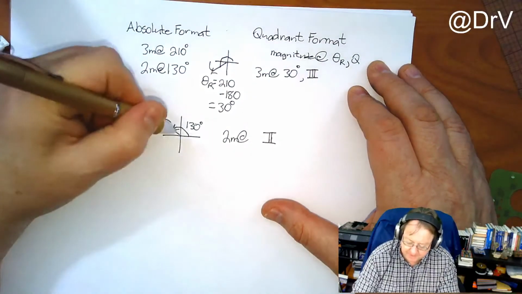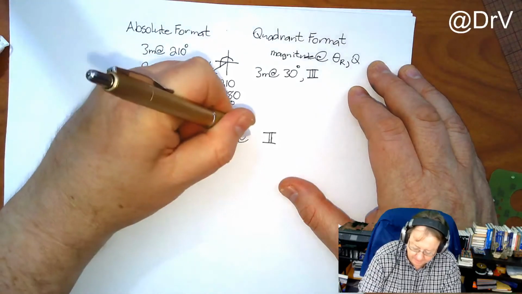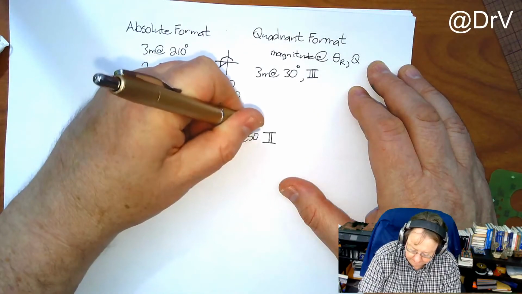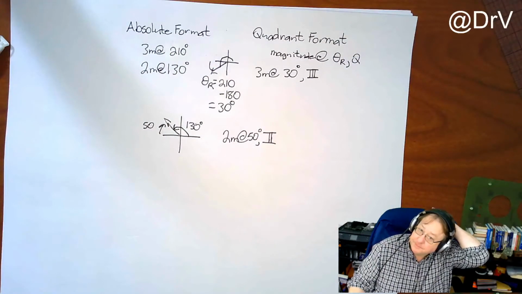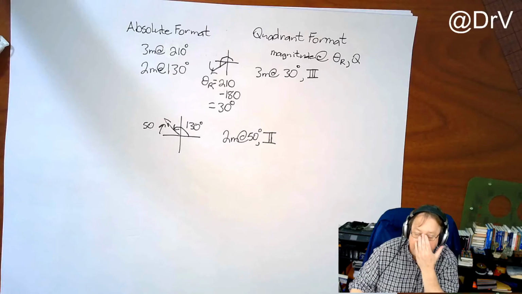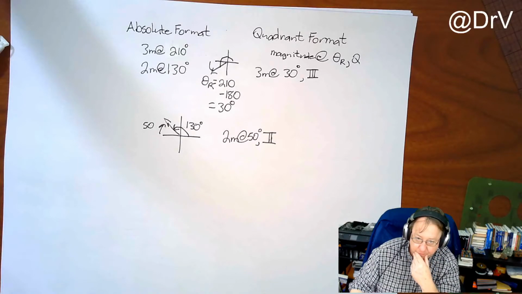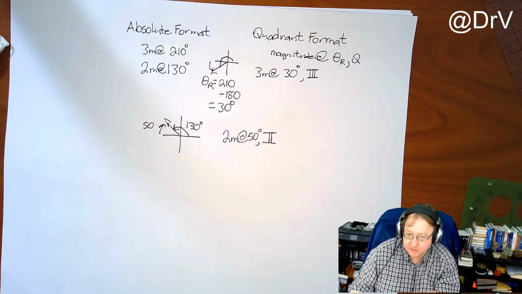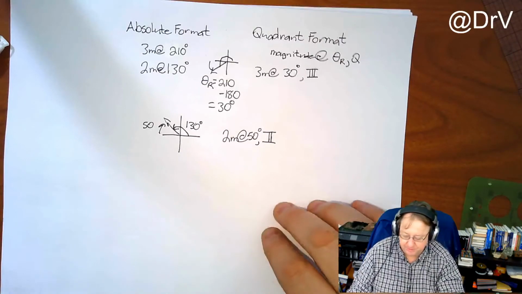Now, what's the reference angle? If that's 130, then that has to be 50. And so you get that. And that's your conversion from absolute format to quadrant format. And you'll get a few more of those on the test.